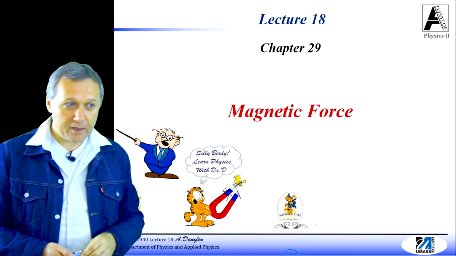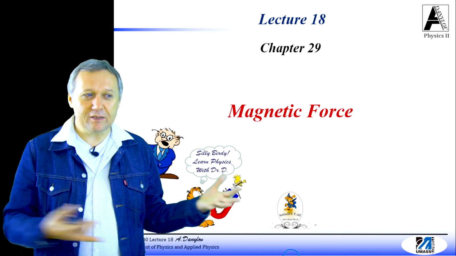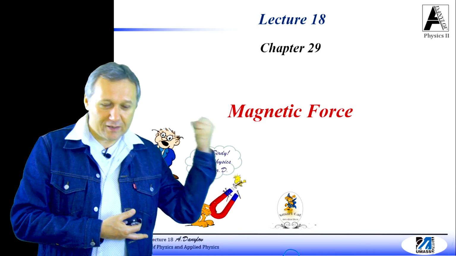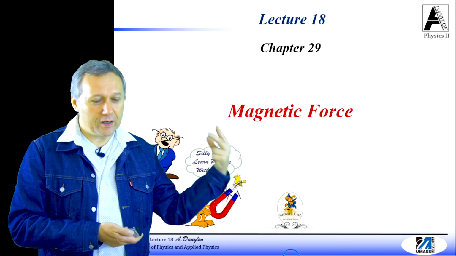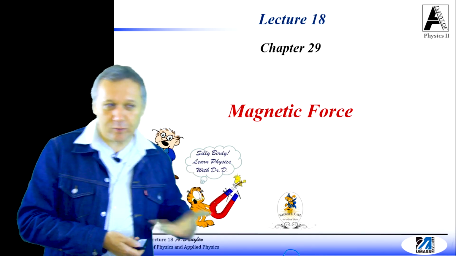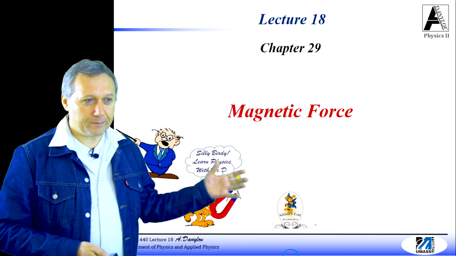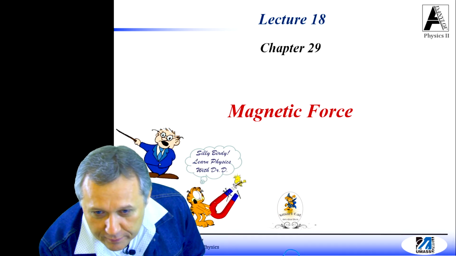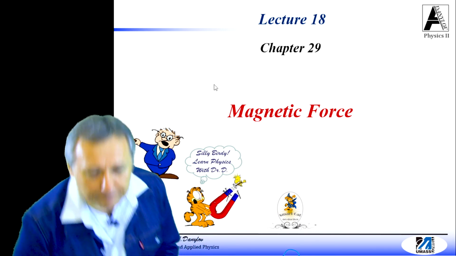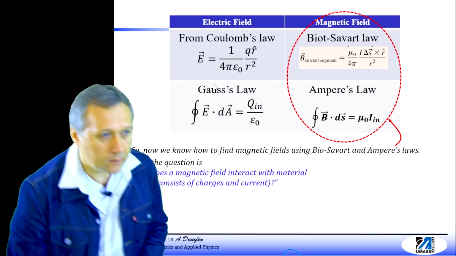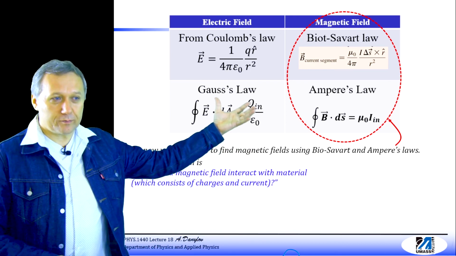But for now, we've done exactly the same steps in the world of electricity. Gauss's law, Coulomb's law, which can be used to find electric field, and then we introduced electric force. That's it. That was our foundation. Right. Slides forward. So that's what I told you, right?